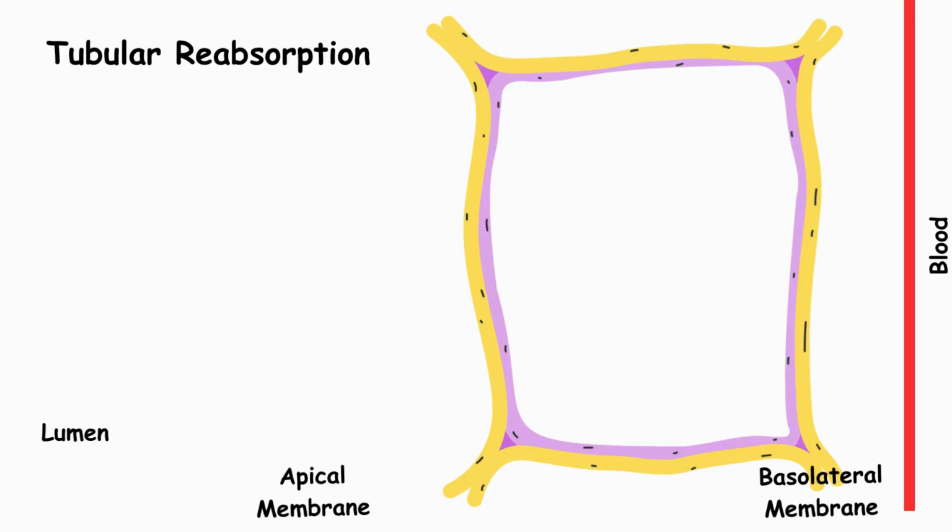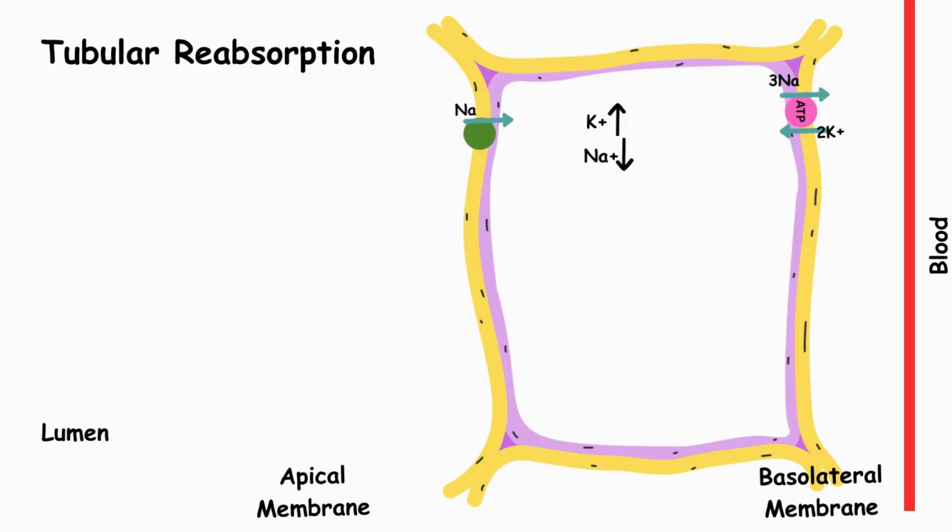The first and most important is the sodium-potassium ATPase pump at the basolateral membrane, which pumps 3 sodium outside and 2 potassium inside the cell against their concentration gradients. That leads to decreased sodium and increased potassium levels in the cell, initiating the gradient by which sodium will move from high concentration in the filtrate toward low concentration in the cell at the apical membrane.